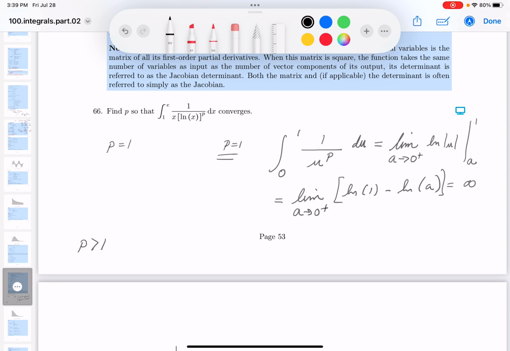Let's write it down. It's still going to be the integral from 0 to 1 of 1 over u to the p, but I'm going to write it a little bit differently.